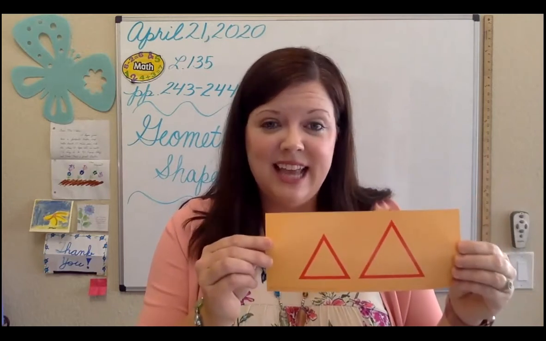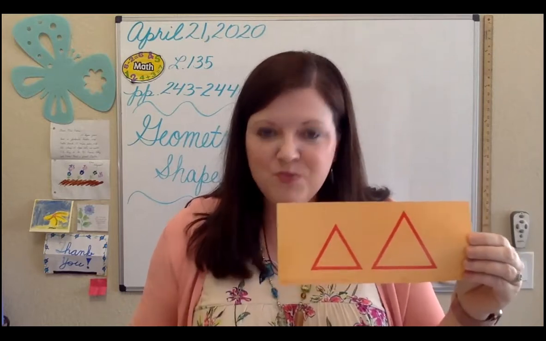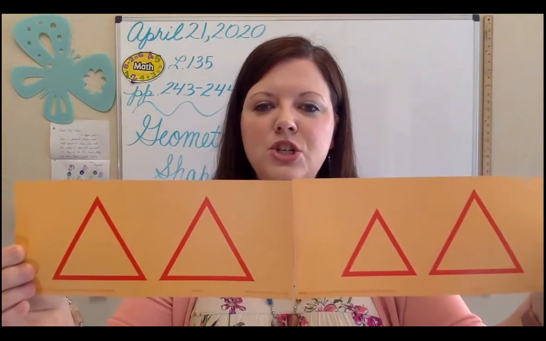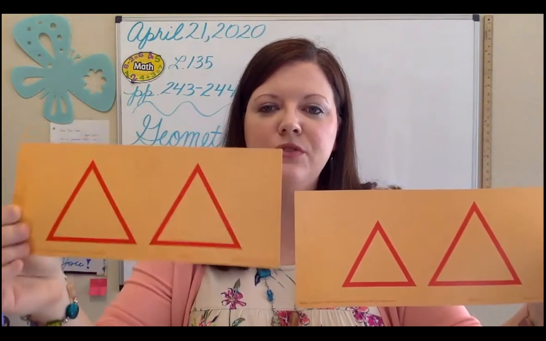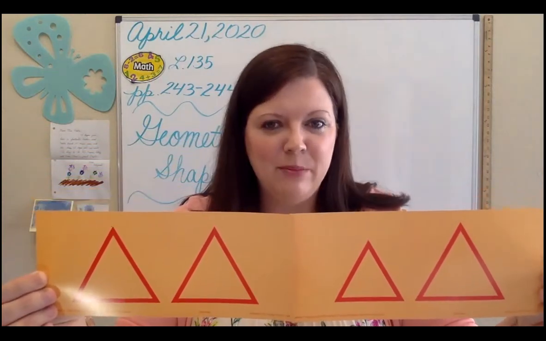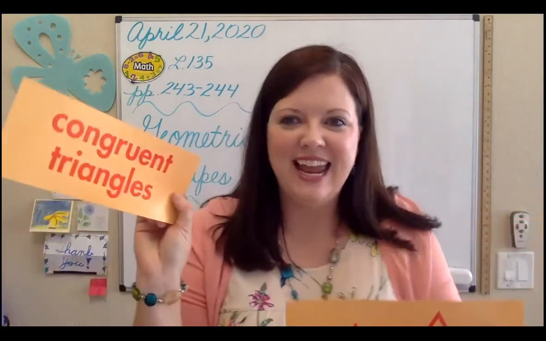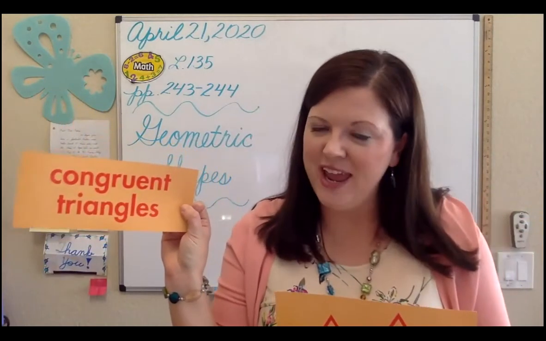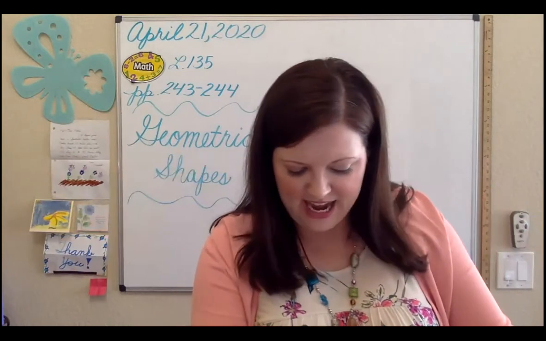This is an example of similar triangles. Notice how that's different than this flashcard. Do you see the difference? For this flashcard, they're exactly the same shape, exactly the same size. We say that they are congruent. Congruent means the same shape and the same size.